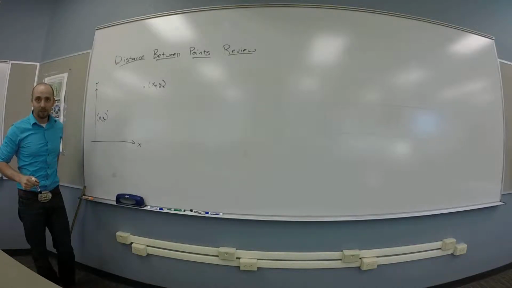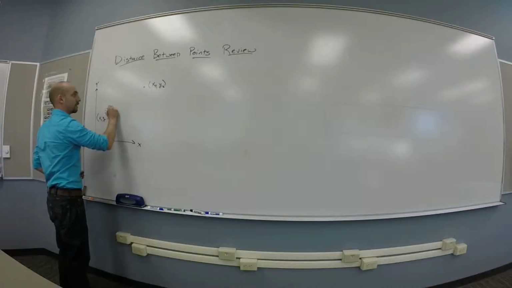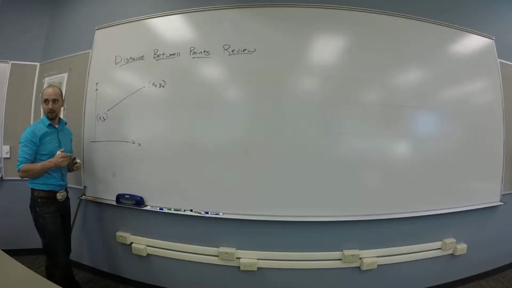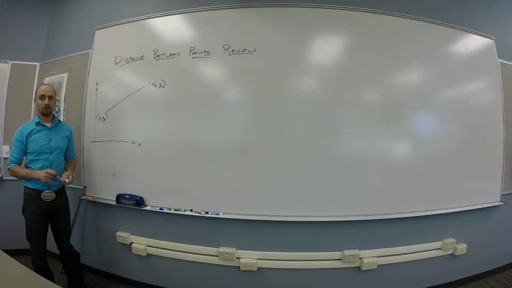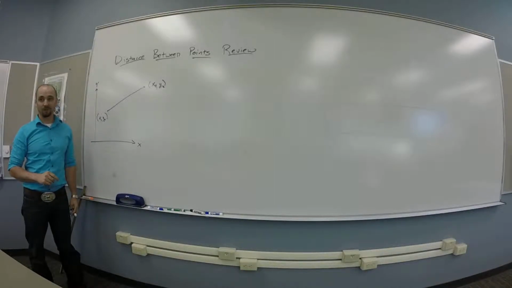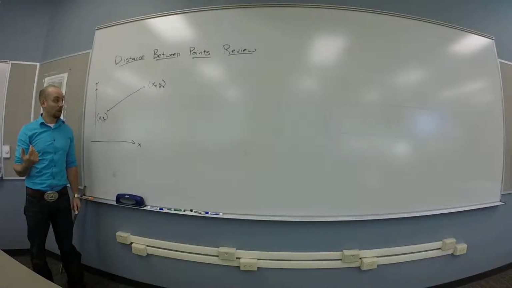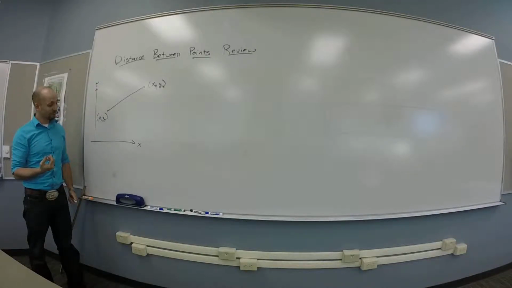So how far apart these are is this distance, right? Which I probably can't get really easily because it doesn't really go in a direction that I have ticks to count, right? Okay, so I need to get at it a different way.